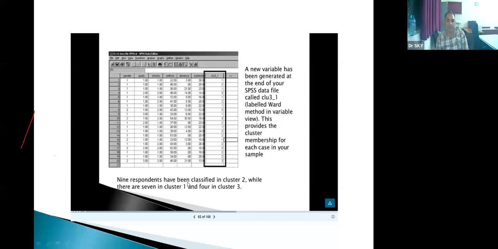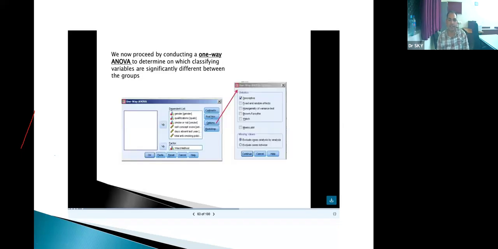So 9 respondents have been classified in cluster 2, while there are 7 in cluster 1 and 4 in cluster 3. So this way, all 20 are assigned to these 3 clusters. Now you can go for the option. You can have one-way ANOVA, descriptive, and many other statistics.